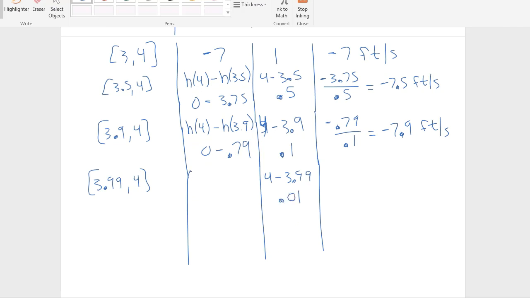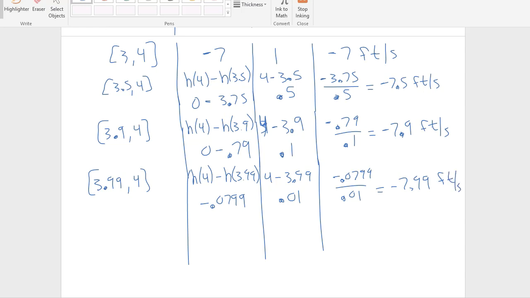Then my change in height is the height between 4 seconds and 3.99 seconds. Plugging that into a calculator, I get negative 0.0799, and dividing negative 0.0799 by 0.01, we get negative 7.99 feet per second.